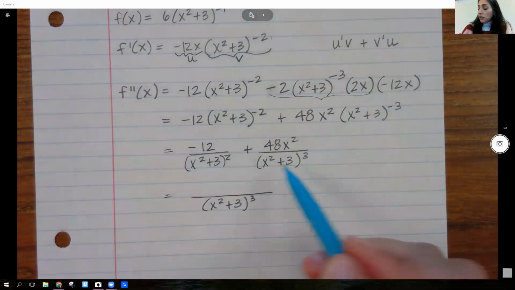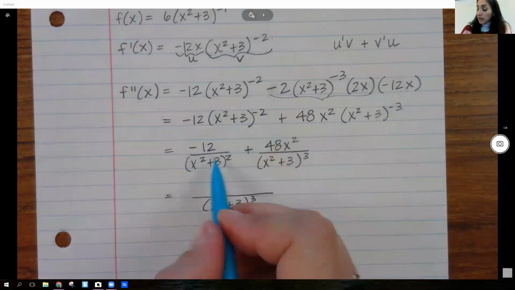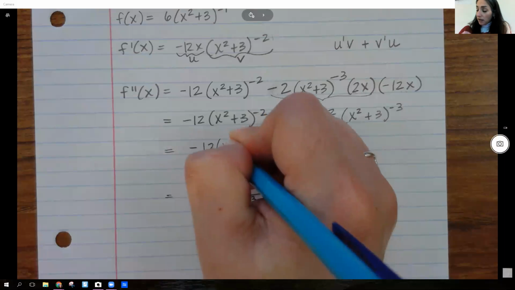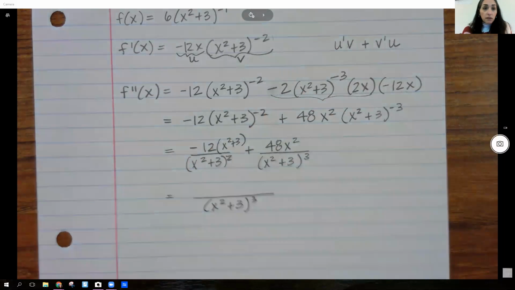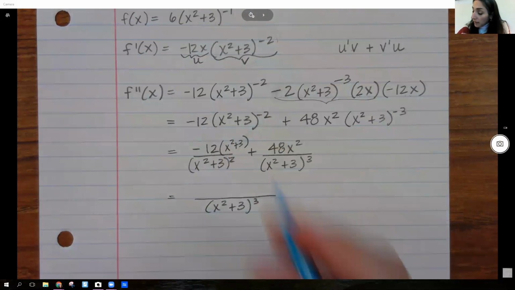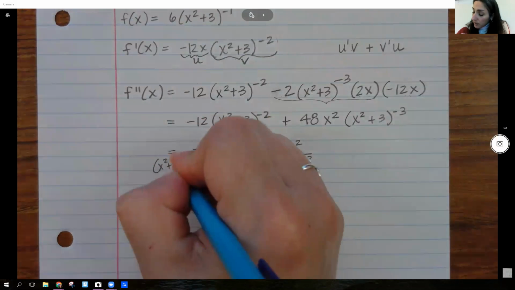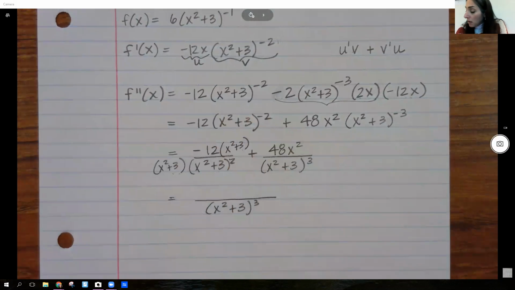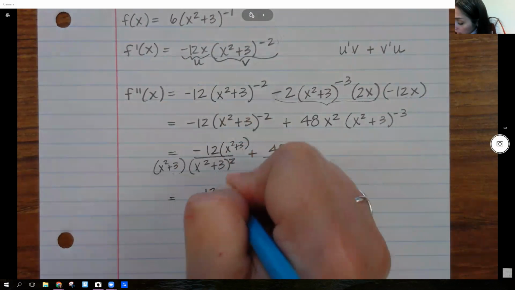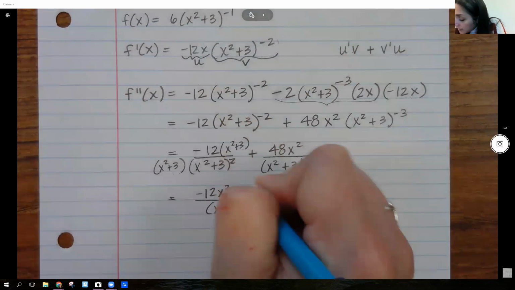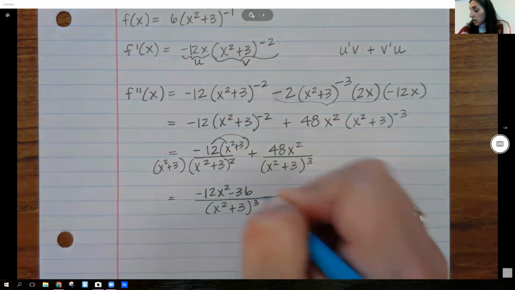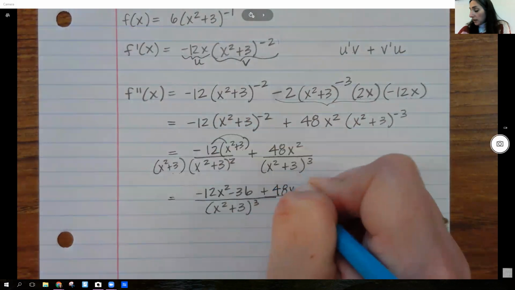So if I make this cubed, that means I need to multiply the top here by another x squared plus 3, because I would have to multiply the bottom of this by another x squared plus 3. So that means I'd have to multiply the top. So this would be negative 12x squared minus 36 plus 48x squared.